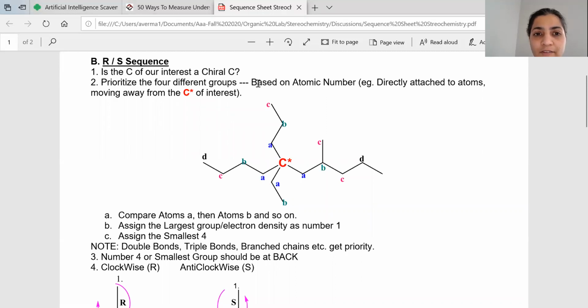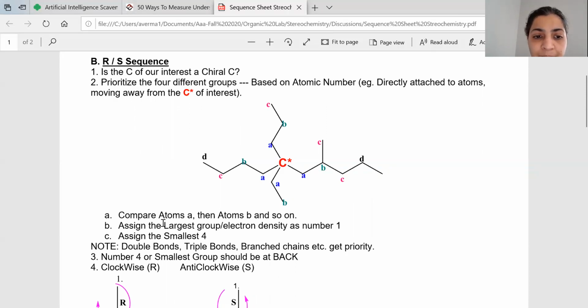First, you have to make sure that the carbon that you want to label as R or S is indeed a chiral carbon. The second thing that we do is we prioritize the 4 different groups based on their atomic number. Whichever is the atom which is directly attached to them, and then we keep moving away from the carbon of our interest.